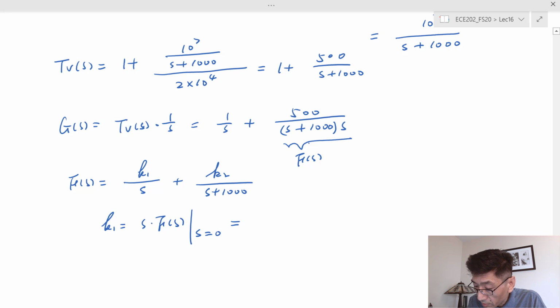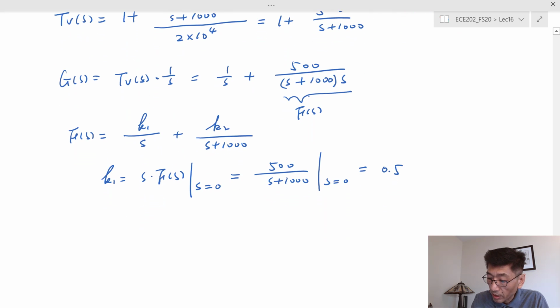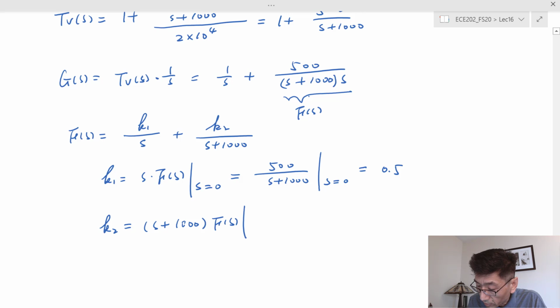We have 500 divided by (s plus 1000) because s is cancelled, so evaluated at s equal to 0, that's 0.5. Based on the sum of the residues, K2 should be equal to -0.5, because K1 plus K2 should be equal to 0. Let's keep an eye on that. If we made a mistake, we will need to go back to find out.